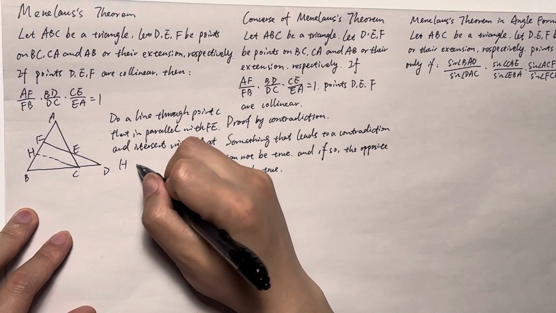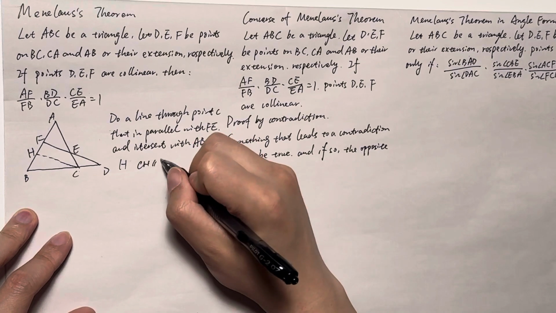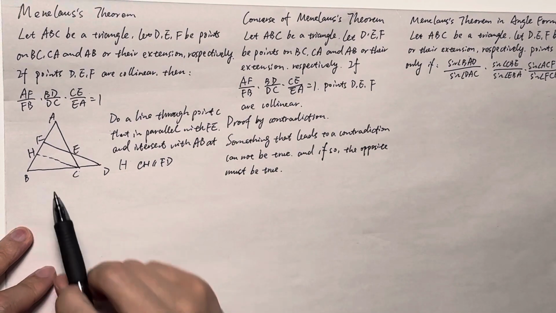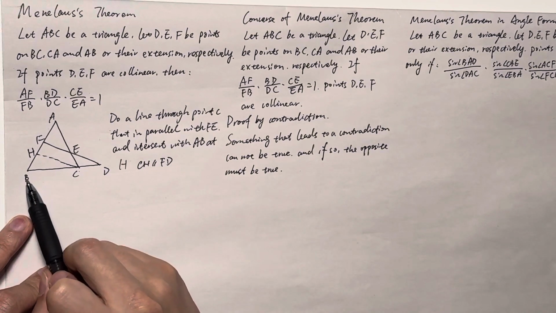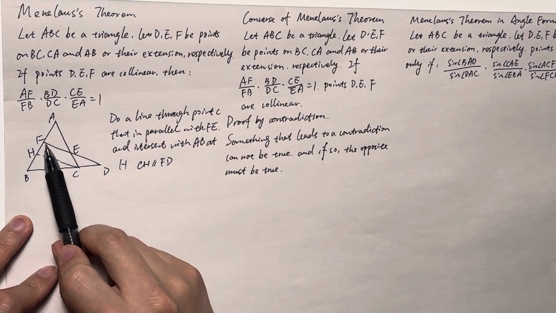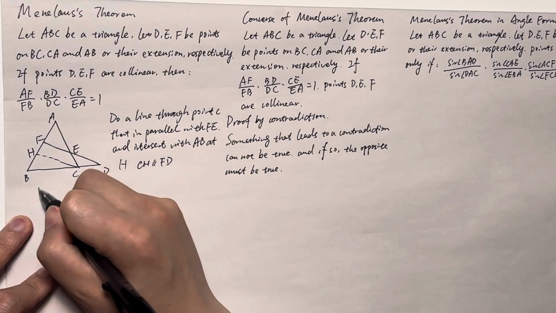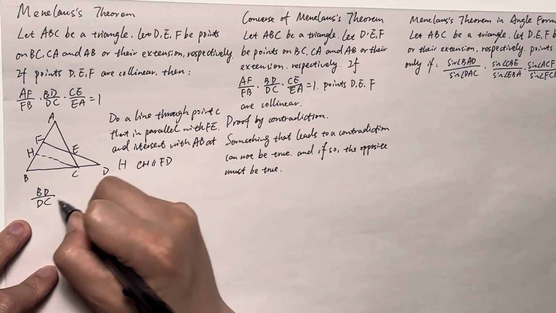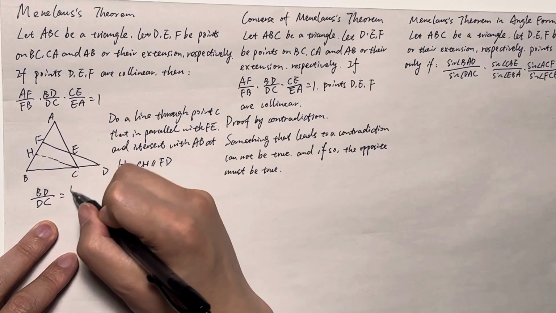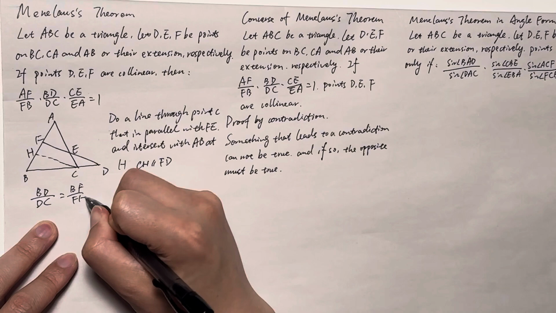So we get CH parallel with FD. That means in the triangle BDF, because CH is parallel with FD, BD divided by DC equals BF divided by FH.